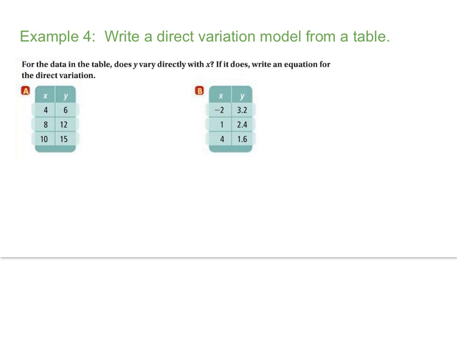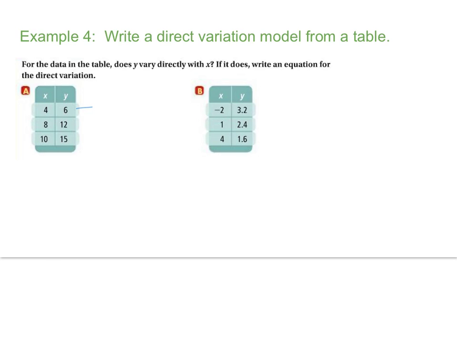So for instance, I have the ordered pair given here. We know that y over x should be constant.